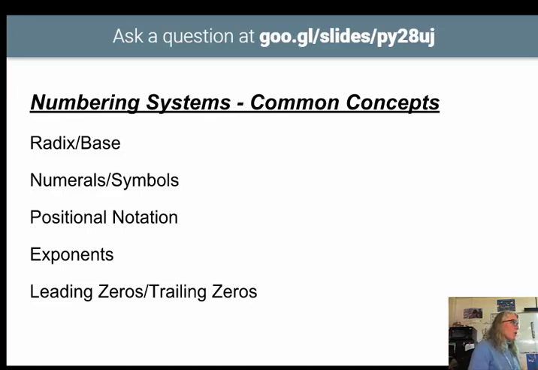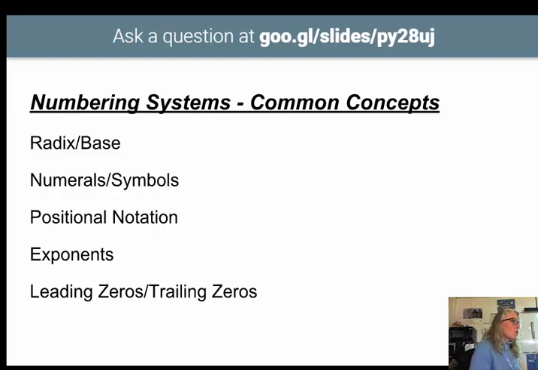And all numbering systems also have a process of either ignoring or paying attention to zeros depending on where they are. If they are before the number, to the left of the number, we call those leading zeros, and we can ignore those. There's an infinite number of them there, right?